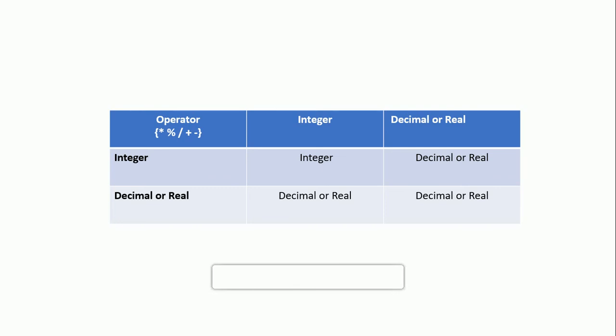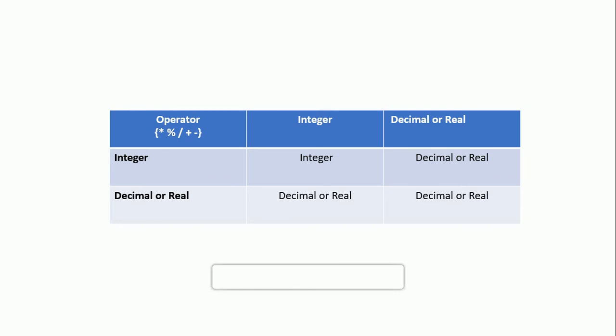But when you have something like 7 divided by 2, 7 is an integer. And you are dividing 7 by another integer. Make sure your answer is also an integer. You shouldn't get any decimal. That's the whole point of this table. Make sure that 7 divided by 2 gives you an integer, which means that the decimal part of that division that you were doing in your maths class, you don't bring the decimal part.